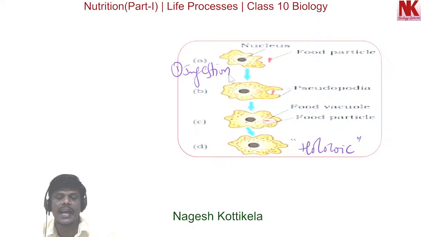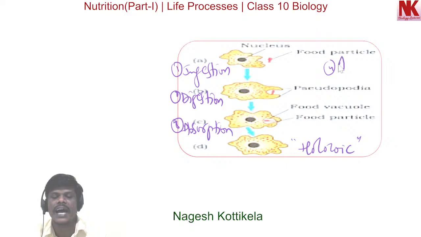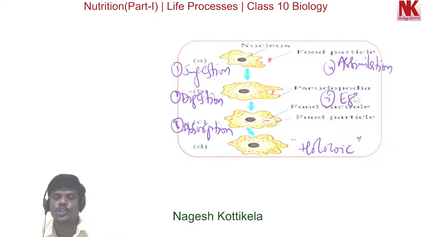The second step is digestion. The third step is absorption. The fourth step is assimilation, and the fifth step is egestion. So these are the 5 steps in the holozoic mode of nutrition. In amoeba also we find these 5 steps.